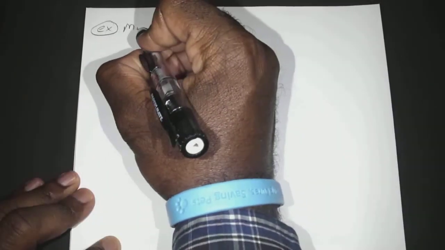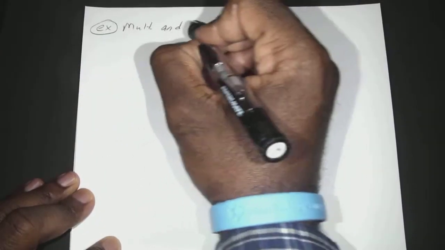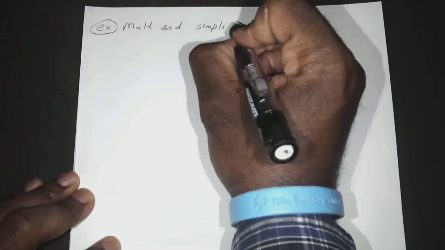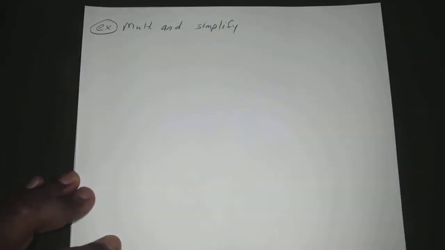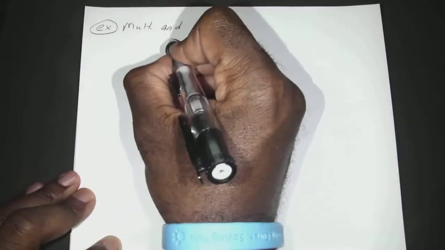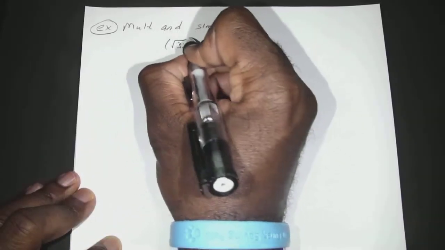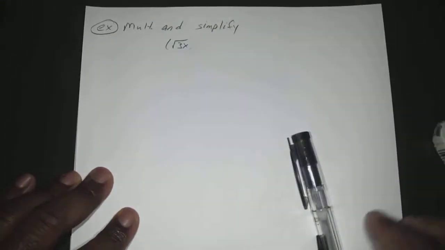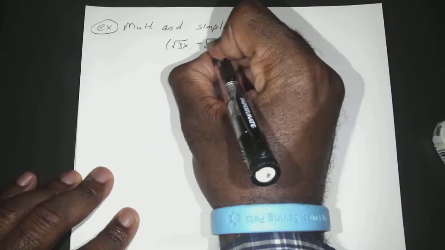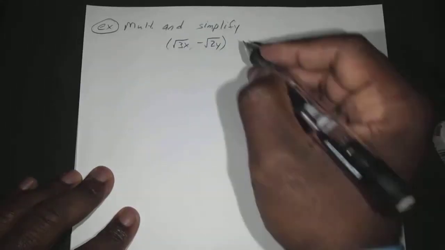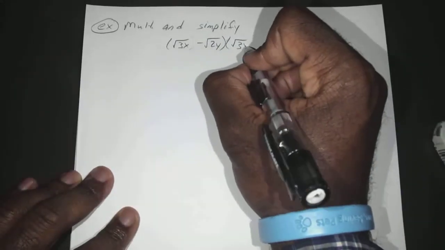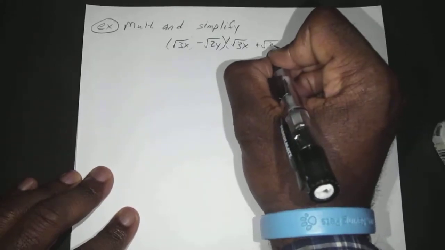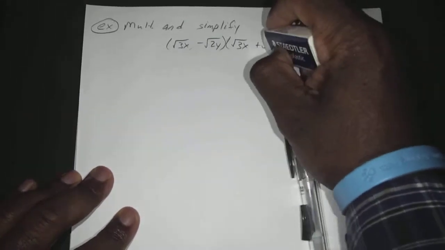So let's say if we wanted to multiply and simplify. Square root of 3x minus square root of 2y times square root of 3x plus square root of 2y.